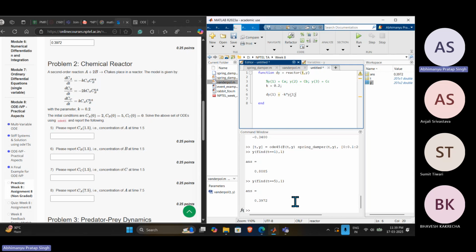So y1 multiplied by cb to the power 0.6, so y2 to the power 0.6. Then dy2 is minus 2 times k times y1 times y2 to the power 0.6.